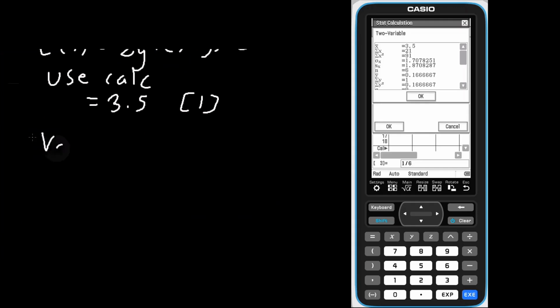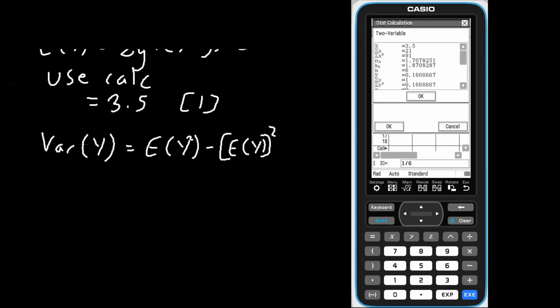Okay, so you say that the variance of y is equal to this one. You might have a slightly different equation on your formula sheet, but this one still works. Then you can say use calc, and then again, give your value here.